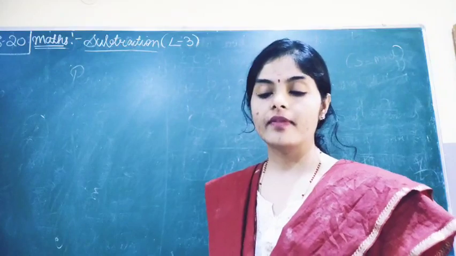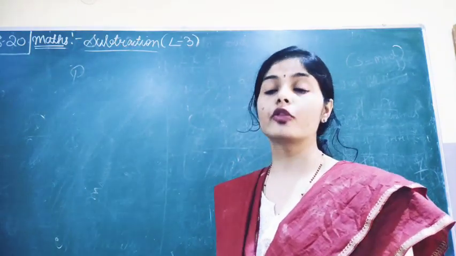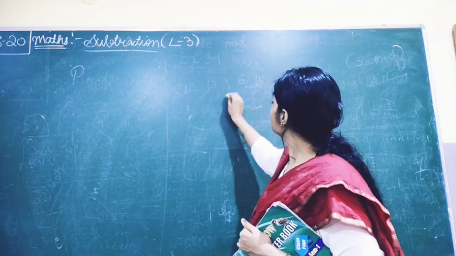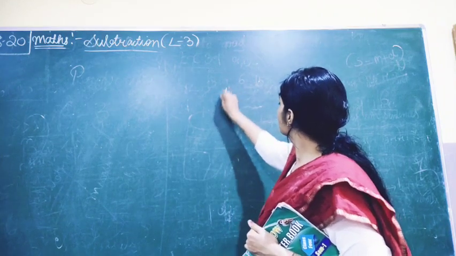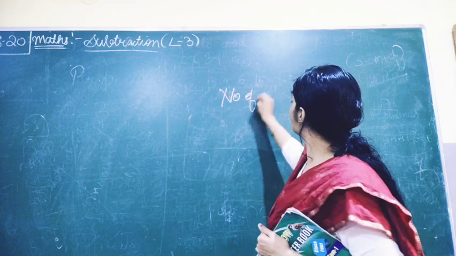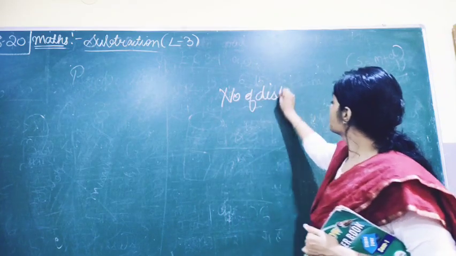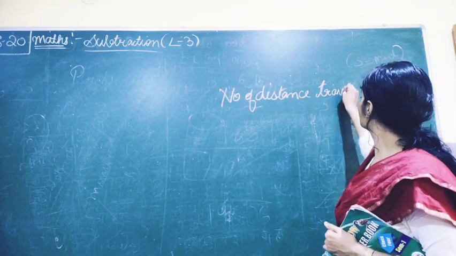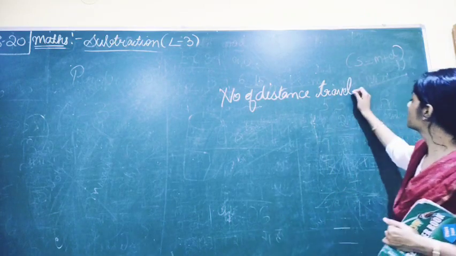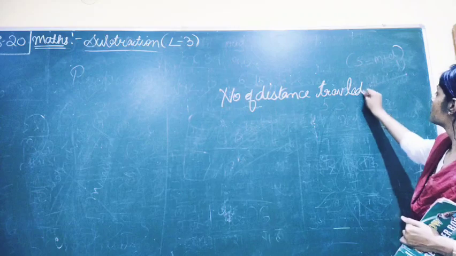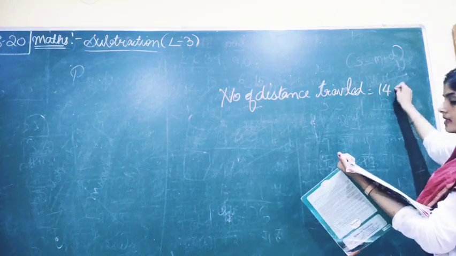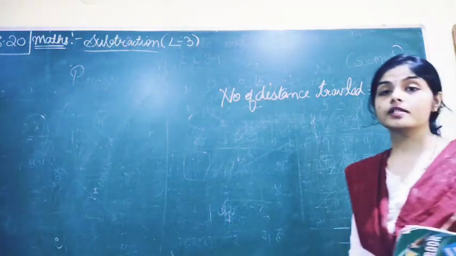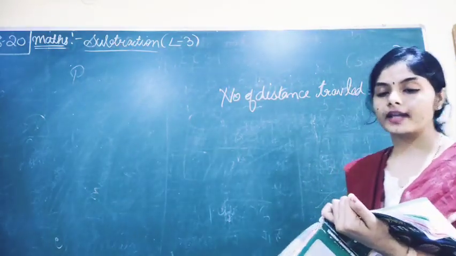See, Manish, the total distance he travelled is 14,875. The total distance travelled is 14,875.